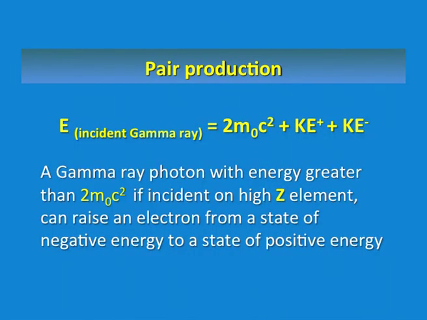Later it was observed that if a sufficient amount of energy is given to a large Z material, the incident gamma ray energy must be utilized in making a pair of particles having kinetic energies Ke plus and Ke minus, the kinetic energy of the positron and the kinetic energy of the electron.